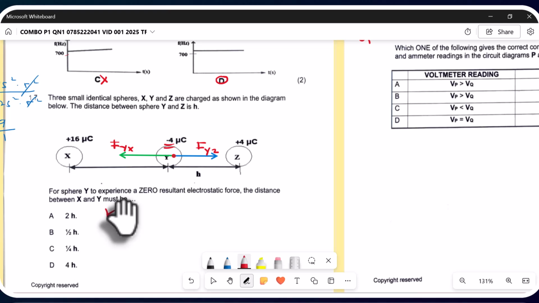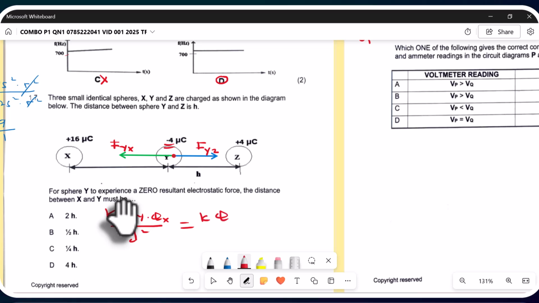The question says that the distance between X and Y must be found, and that's the distance d from X to Y. From the mathematics, the K is going to cancel out, and the charge on Y will also cancel out because it's on both sides.